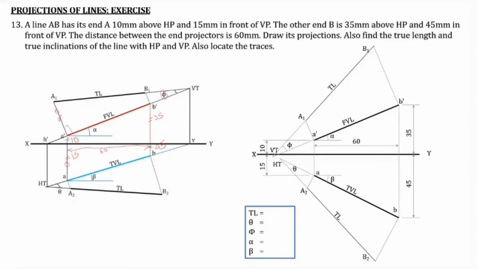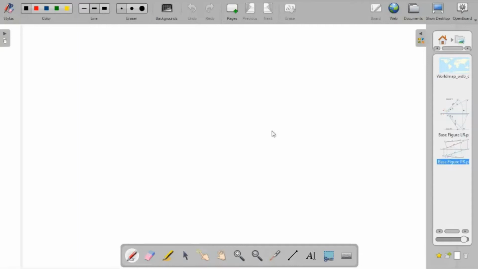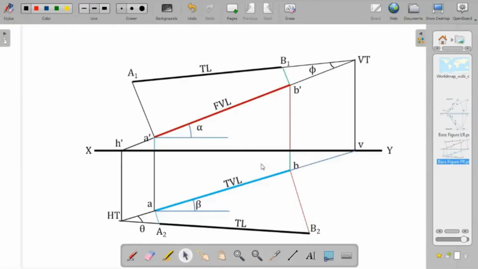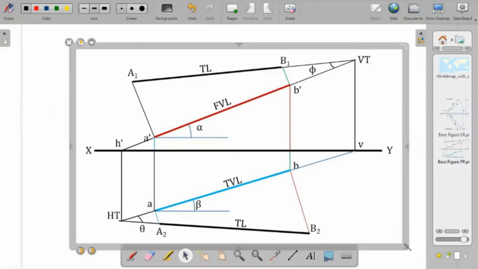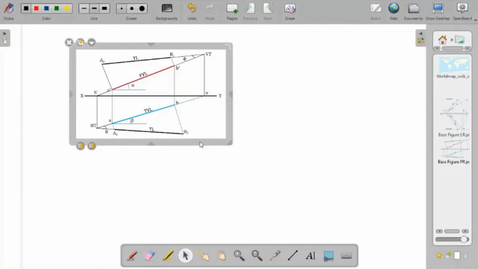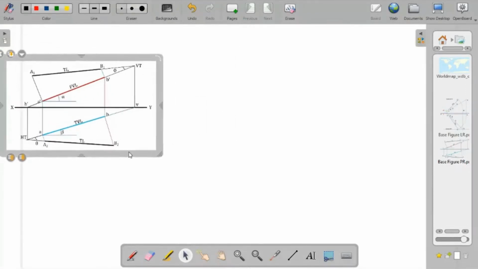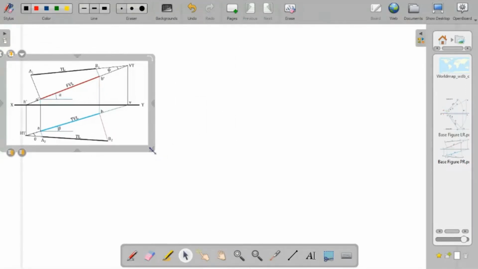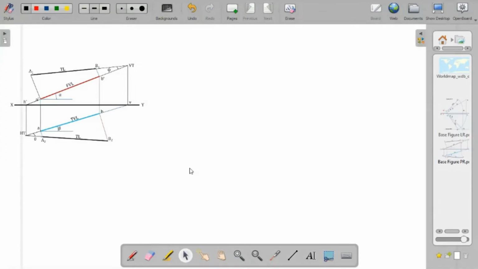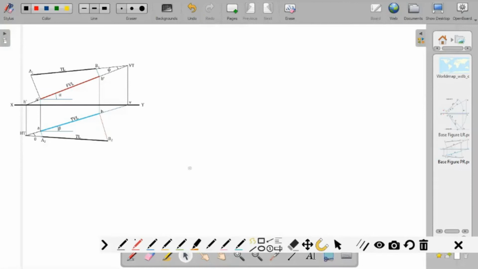10, 15, 35, 60. So this is our base figure, and the values that are required.